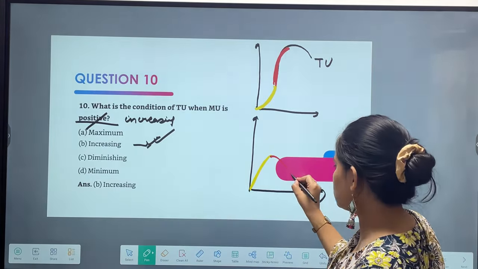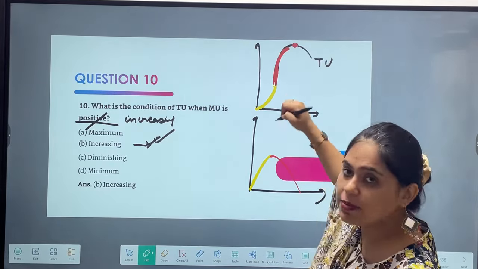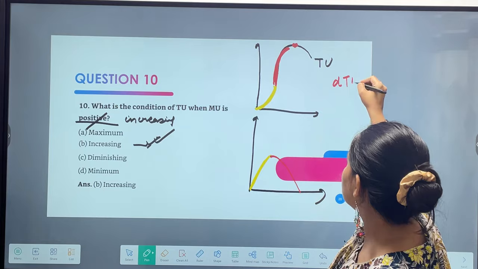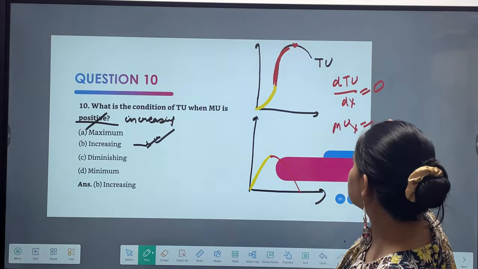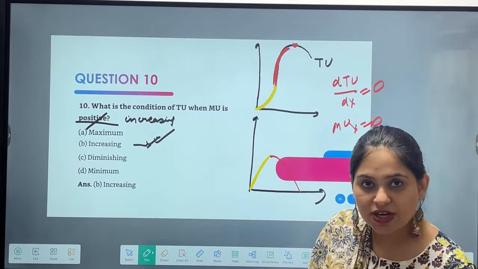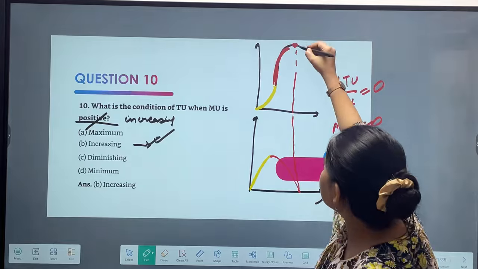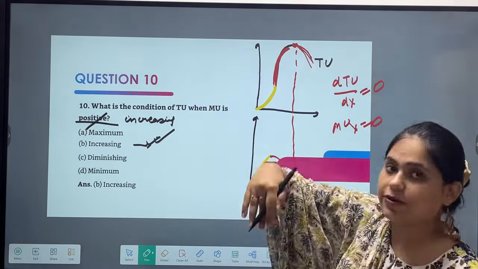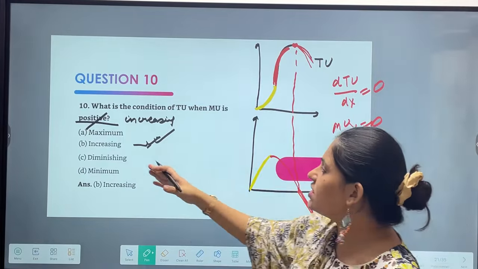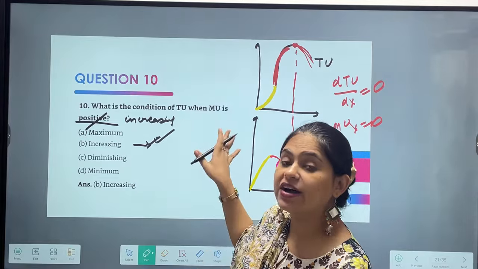When this is maximum का क्या मतलब होता है? If you differentiate this, it should give you 0. So marginal utility should be 0, na? Maximum means you differentiate and equate it to 0. So when this is maximum, this is 0, and then when this decreases, this is negative because it is falling. So suppose in exam they could have said, what is the condition of total utility when marginal utility is increasing, not positive, increasing.